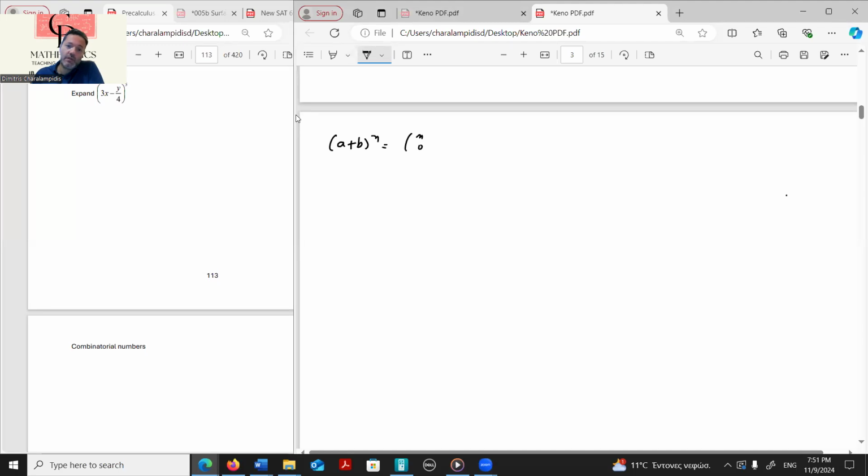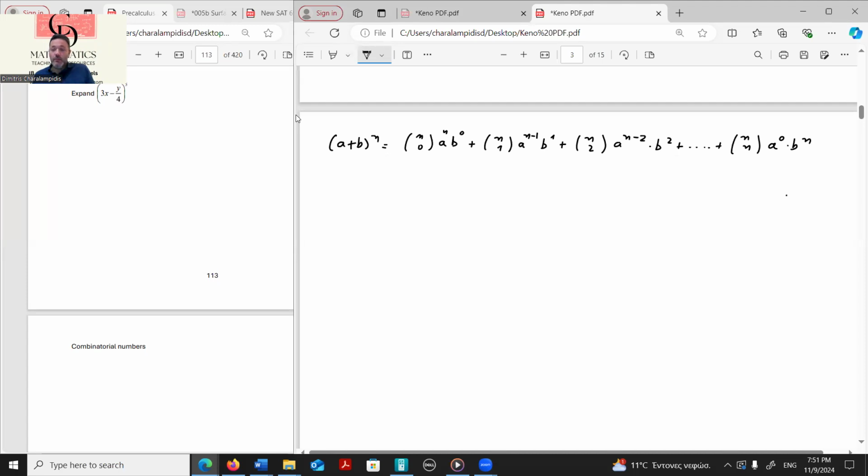We saw that this can be done through this formula: (n choose 0) a to the power of n, plus (n choose 1) a to the power of n minus 1 times b to the power of 1, plus (n choose 2) a to the power of n minus 2 times b to the power of 2, up until the last term, which is of the form (n choose n) a to the power of 0, b to the power of n. And we said that if we simply carefully apply this formula, we are done with the expansion part of the exercise.